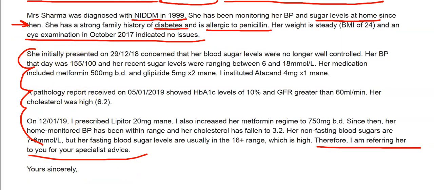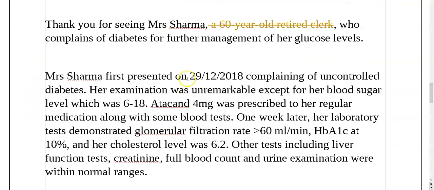Okay, so if we have a look at this here, complaining of uncontrolled diabetes. So her examination was unremarkable. Yeah, but you've already told me what the complaint is. So you don't have to tell me that. Except for her blood sugar.